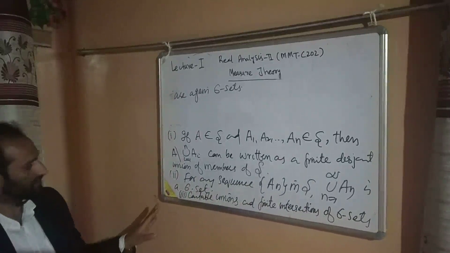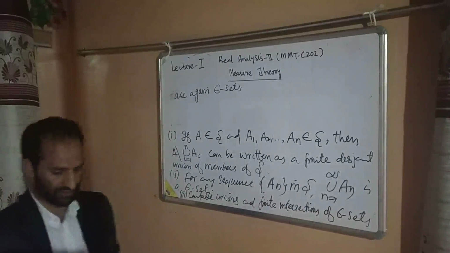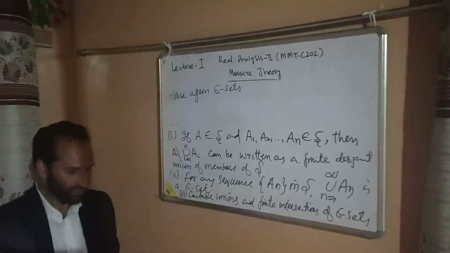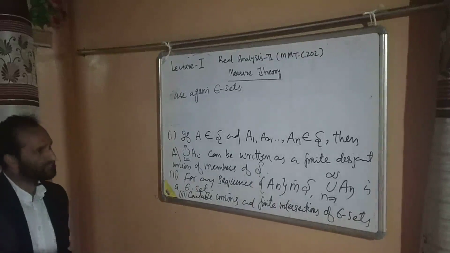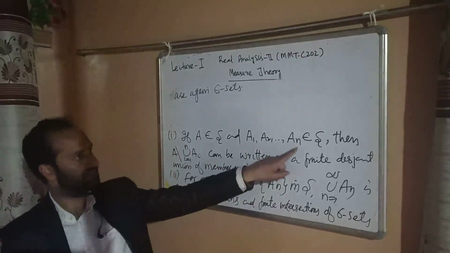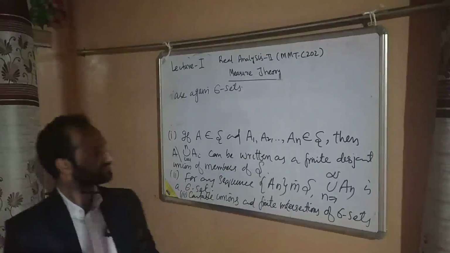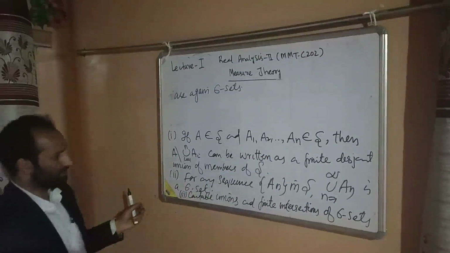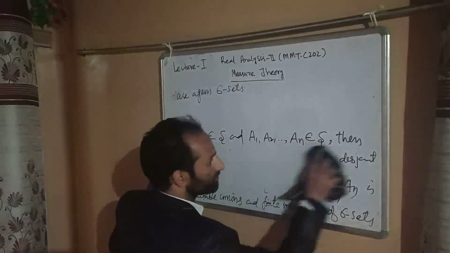And third, the countable unions and finite intersections of sigma sets are again sigma sets. So let's prove the first property. To prove the first property, we use induction on n, on the number of sets.